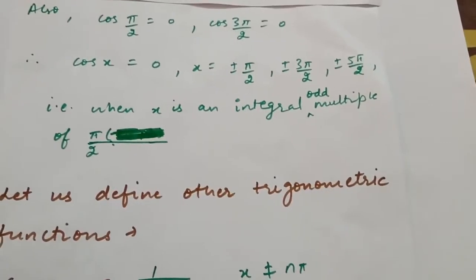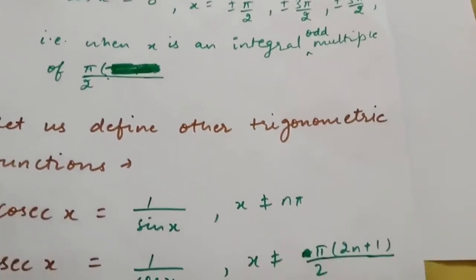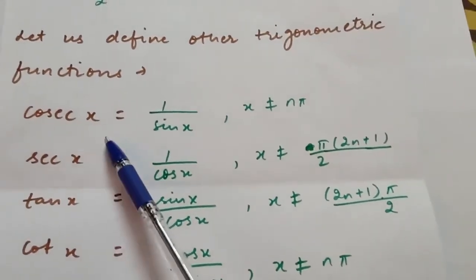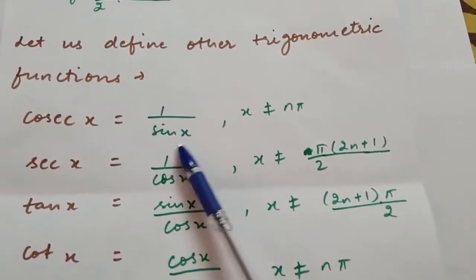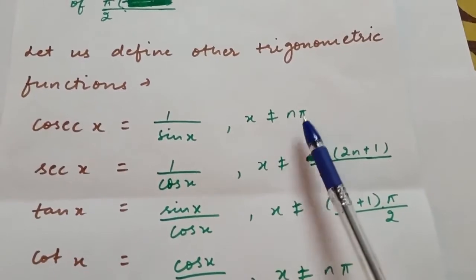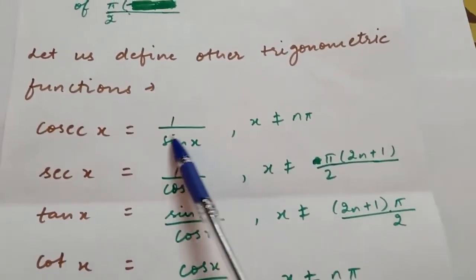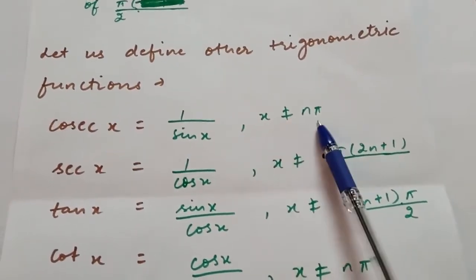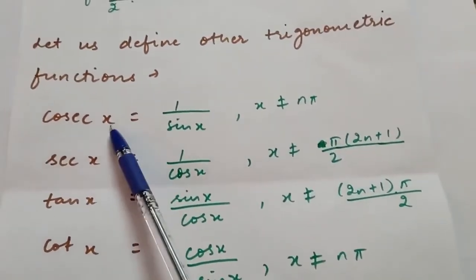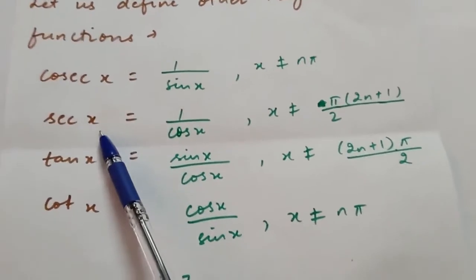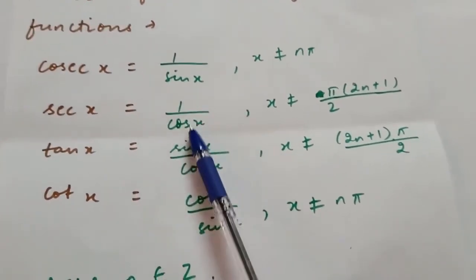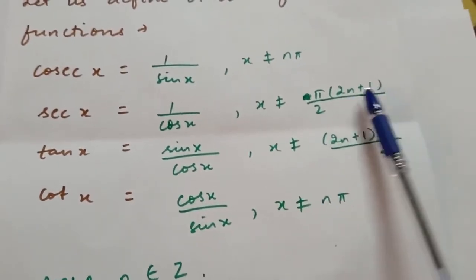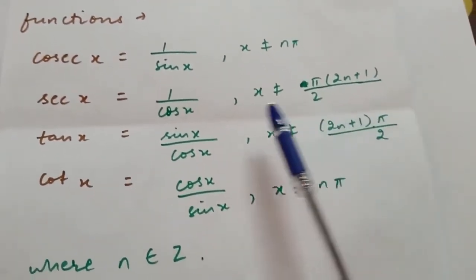Now we will define some other trigonometric functions. So cosecant x is equal to 1 upon sin x, x not equal to n pi. Why? Because sin x is 0 at x equal to n pi. Therefore, x should not be equal to n pi for cosecant x. Now secant x is 1 upon cos x and x should not be equal to odd multiple of pi by 2.